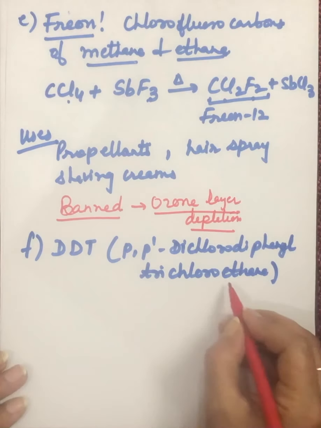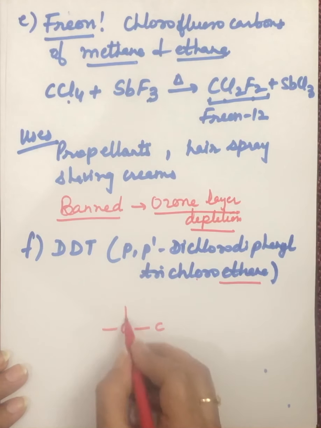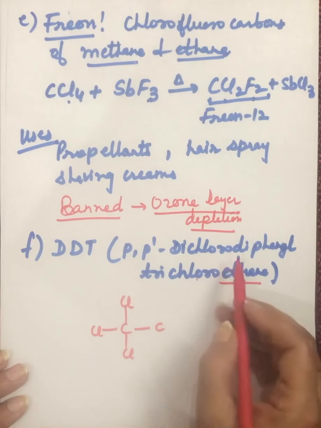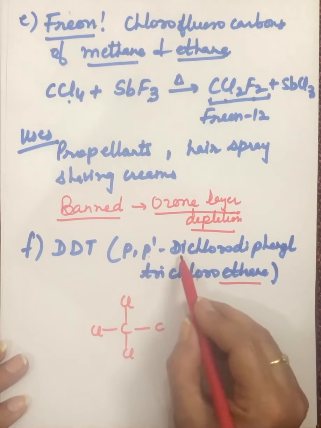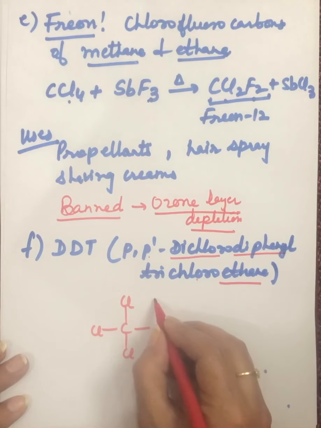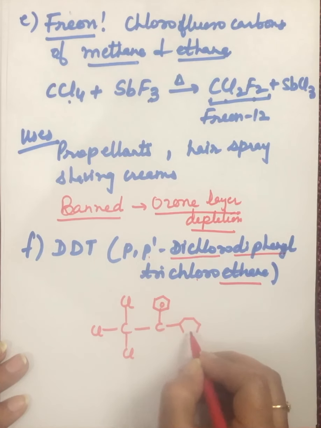Just see, ethane, there are 2 carbon atoms. Trichloro, with 1 carbon there are 3 Cl atoms. And now we have para dash dichlorodiphenyl. With this carbon, 2 phenyl groups are attached. This is a phenyl group.